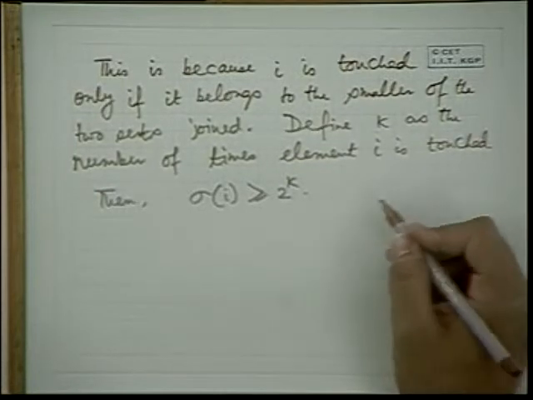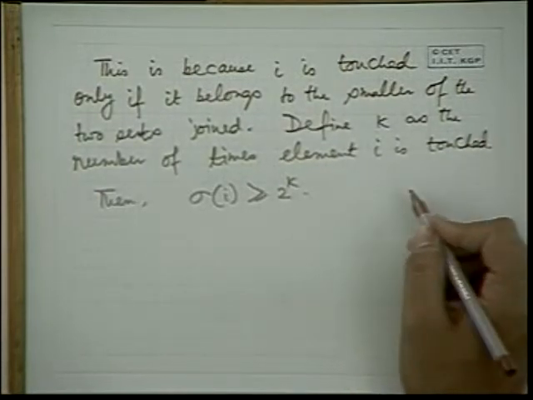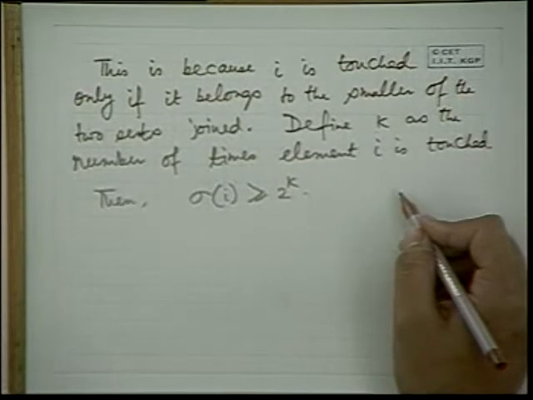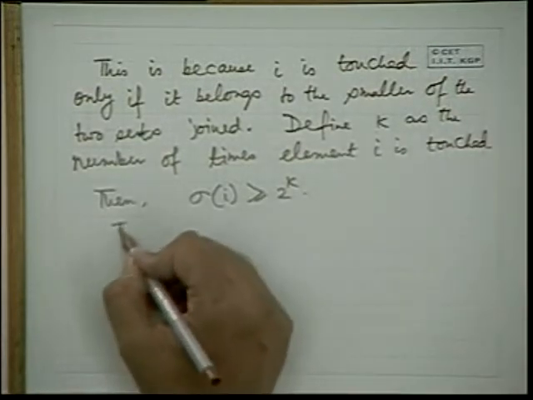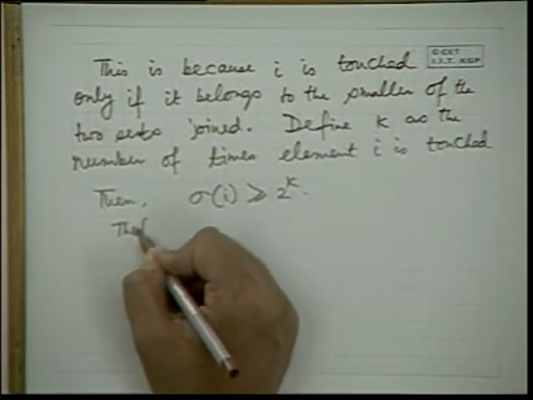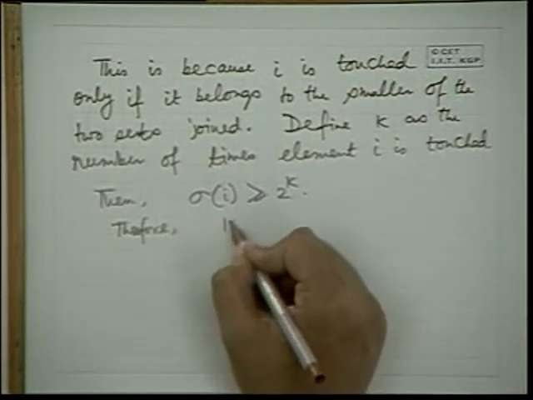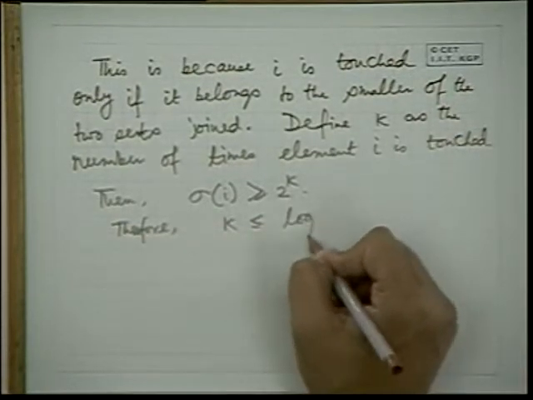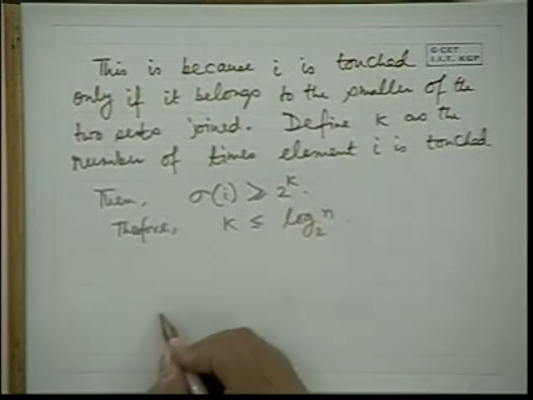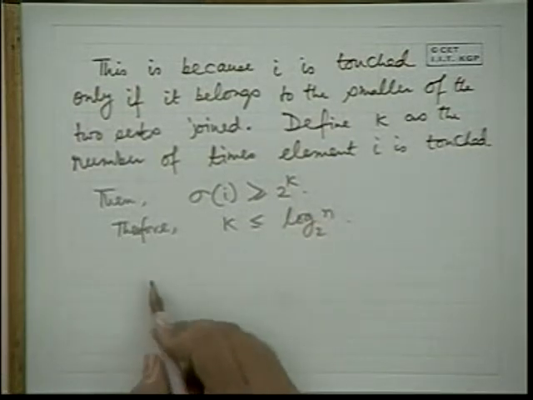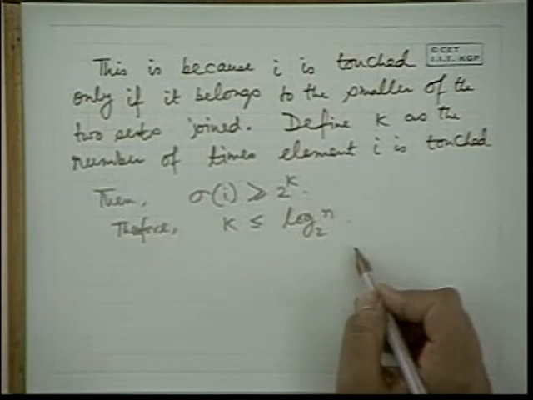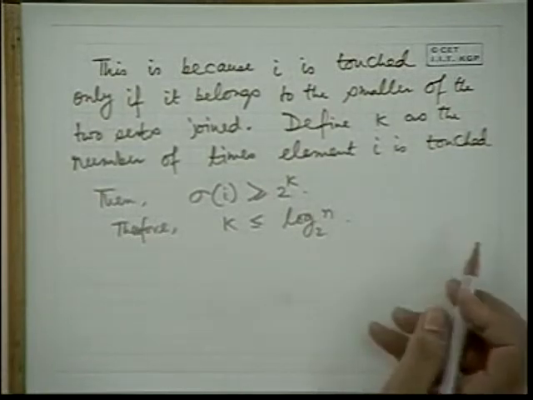So if k times it has changed, then sigma of I must be greater than or equal to 2 to the power k. So therefore k is less than or equal to log of n. And this gives you the proof basically. N minus 1 operations will take n log n time.